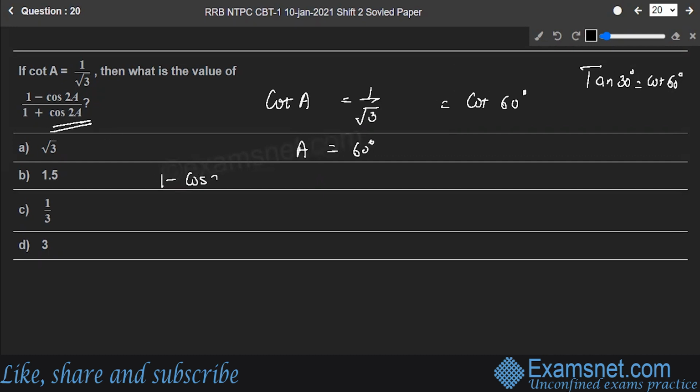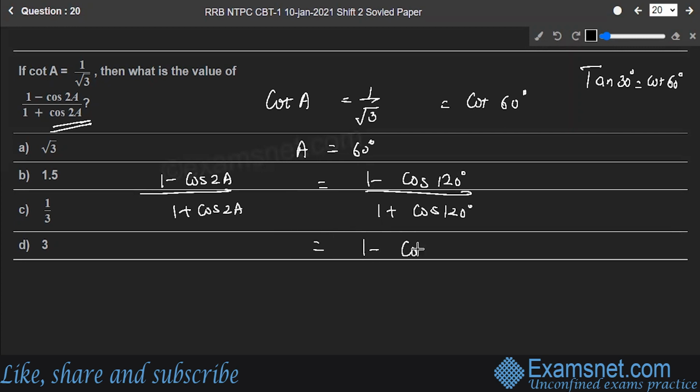1 minus cos 2A over 1 plus cos 2A, which gives you 1 minus cos 2 into 60, that is 120, over 1 plus cos 120. You can write it as 1 minus cos (90 plus 30) over 1 plus cos (90 plus 30).